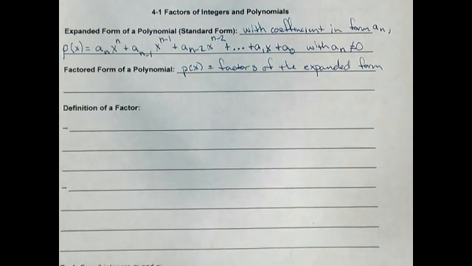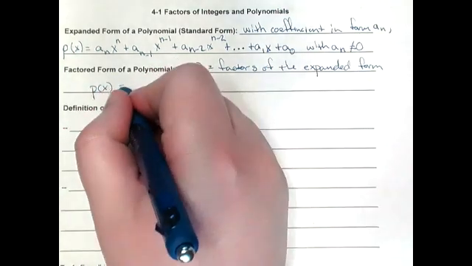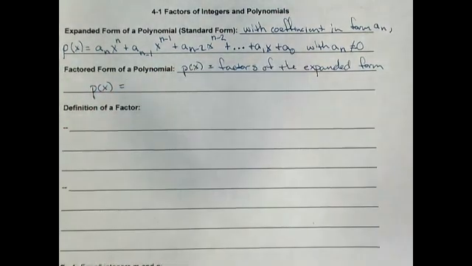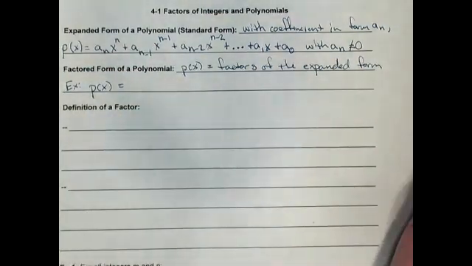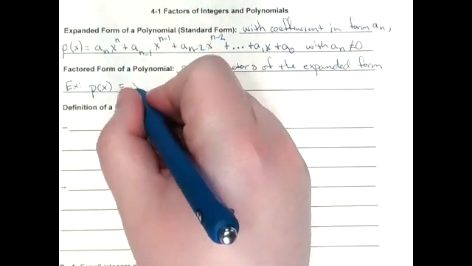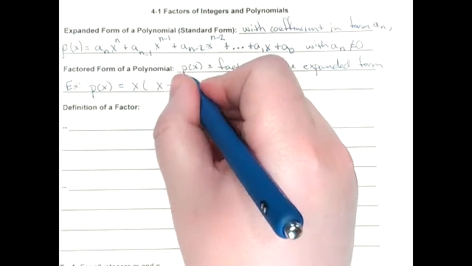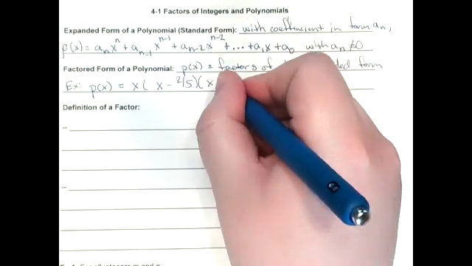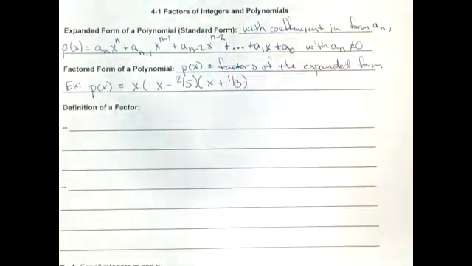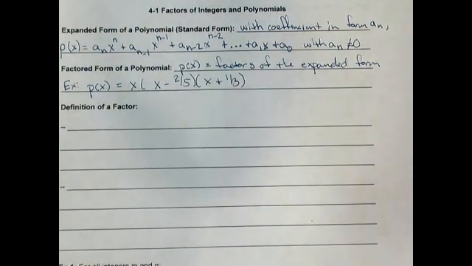So just as a quick example, that might look like p of x equals, and this is by no means a specific polynomial, I'm just writing an example, p of x might be something like x times x minus 2/5 times x plus 1/3. Those are factors of some other polynomial.